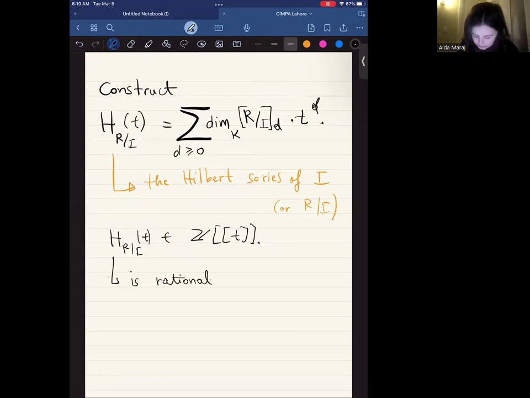So what that means is that H R mod I of T lives in Q of T.